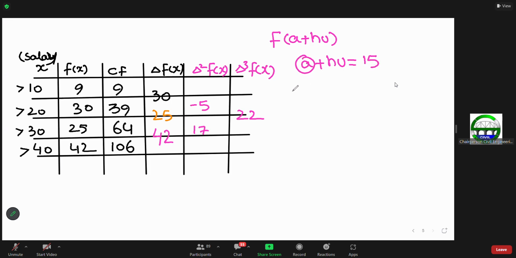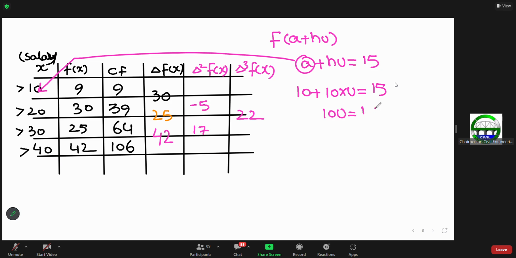A will be equal to 10 in here. 10 plus, what is the difference? 10 into u is equal to 15. 10u is equal to 15 minus 10. U will be equal to 15 minus 10 divided by 10. What will be the value? 0.5. U is equal to 0.5.